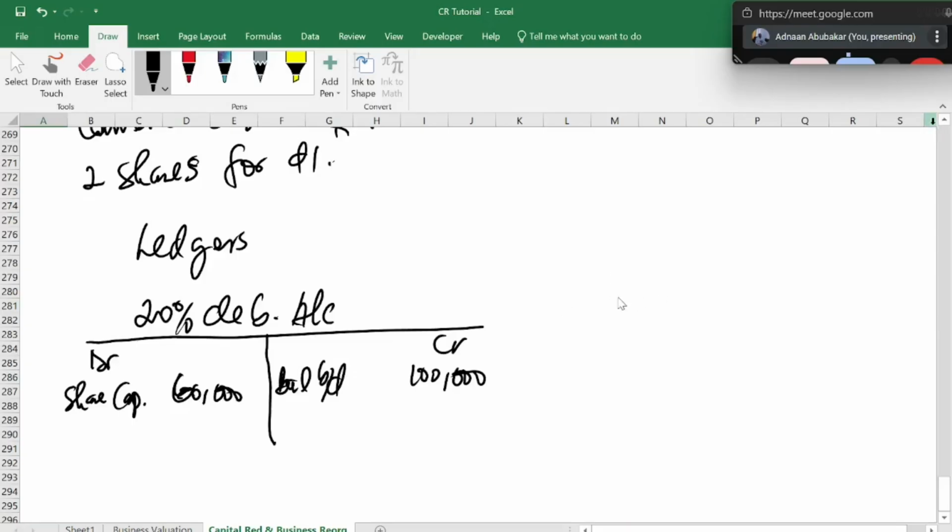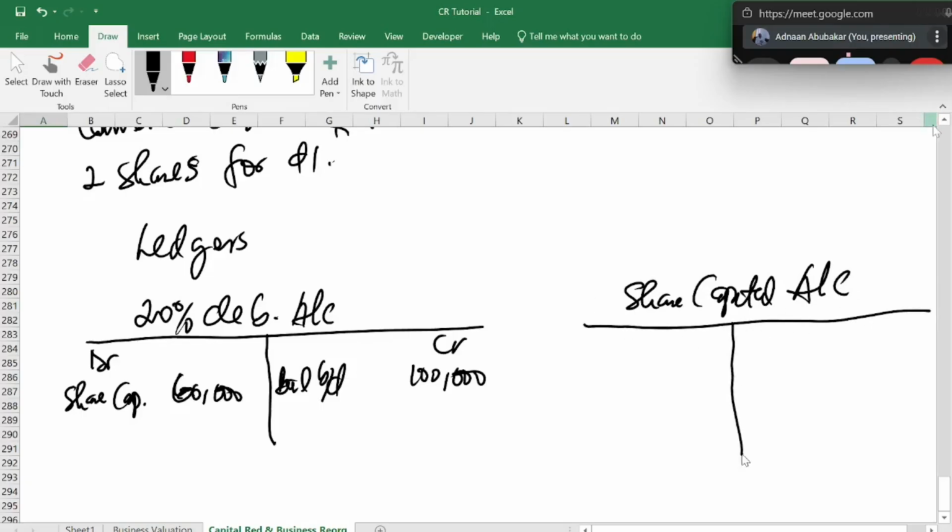Then you also open the share capital account here, with a credit side and a debit side. Assuming the share capital has a credit balance brought down, maybe it is 400,000.